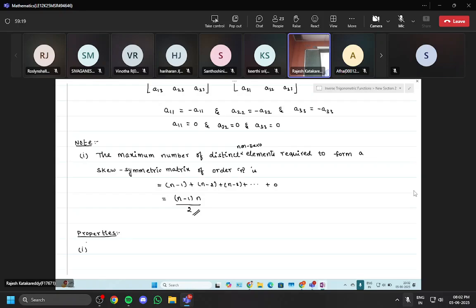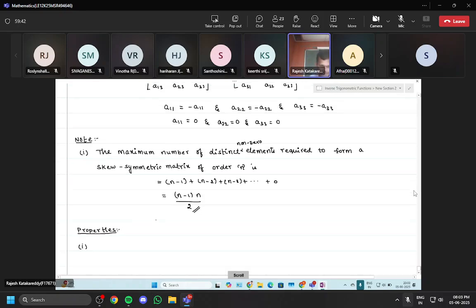What are they? Perfect. Did I say this earlier, zero, null matrix? I think I told in one class, right? Yes, null matrix is the only skew symmetric matrix of order 1. Clear? So the same null matrix we will say as both symmetric and skew symmetric.